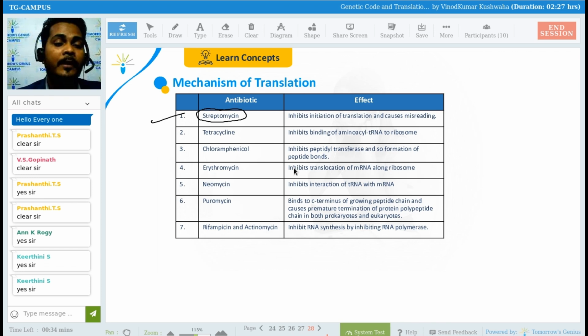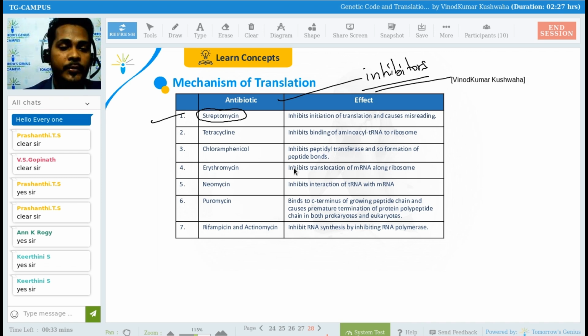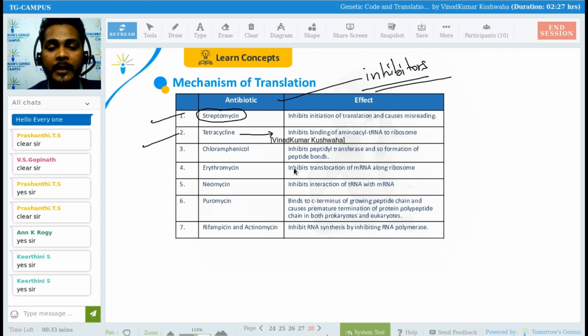So streptomycin is a kind of inhibitor, you can refer to it as an inhibitor. These are all inhibitor chemicals. So streptomycin, tetracycline. What does tetracycline basically do? It works by inhibiting the binding of aminoacyl tRNA to ribosomes.